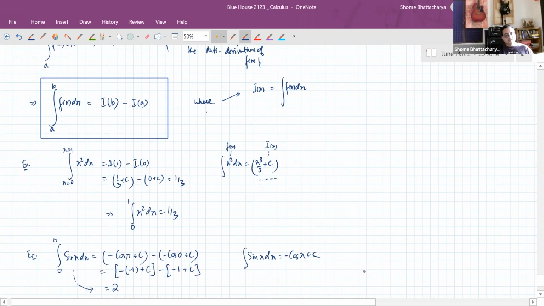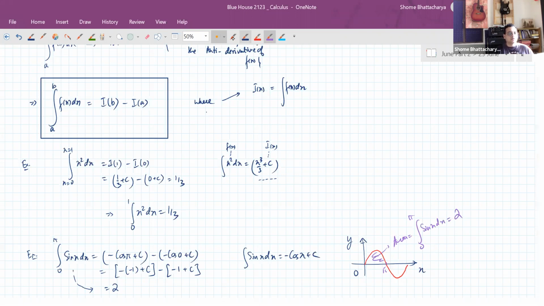What this means is that the area is 2 units. This area is the integration of sin x from 0 to pi, and as it turns out, it's 2.